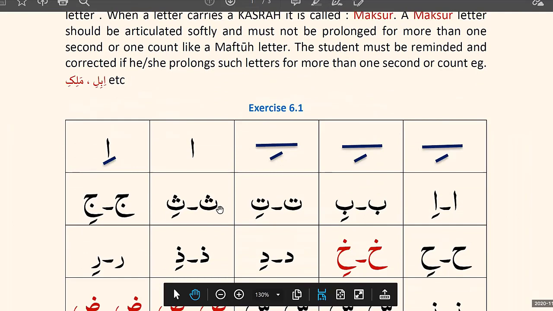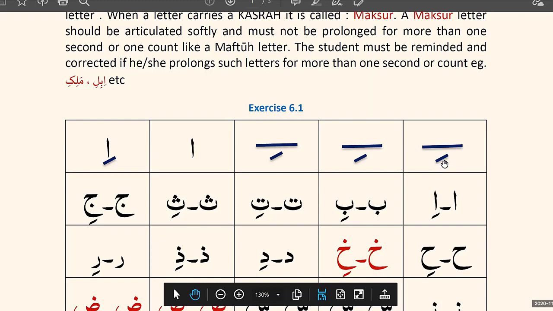Now, remain on the mic and we go with exercise 6.1. Now, 6.1, column 1 and this first row, you see there is a line, and below the line there is a slanted stroke, as we find above a letter, and that is called fatha.